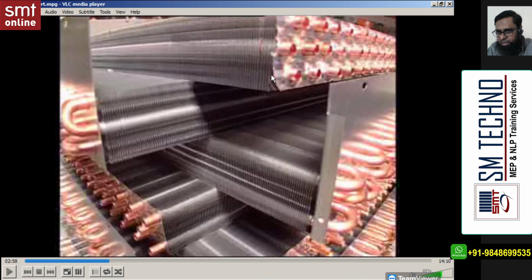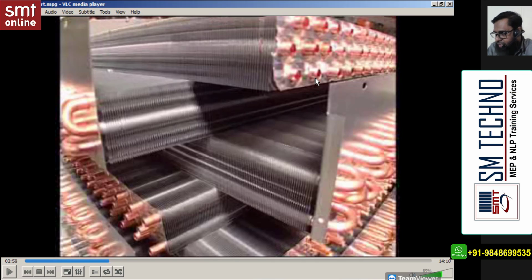So the default or common configuration for this heat exchanger, for condenser or for evaporator, is copper tube aluminum fins. But in the market you'll find aluminum tube aluminum fins, or copper tube blue fins, copper tube red fins, or with a different coating. But the default configuration is copper tube aluminum fins.